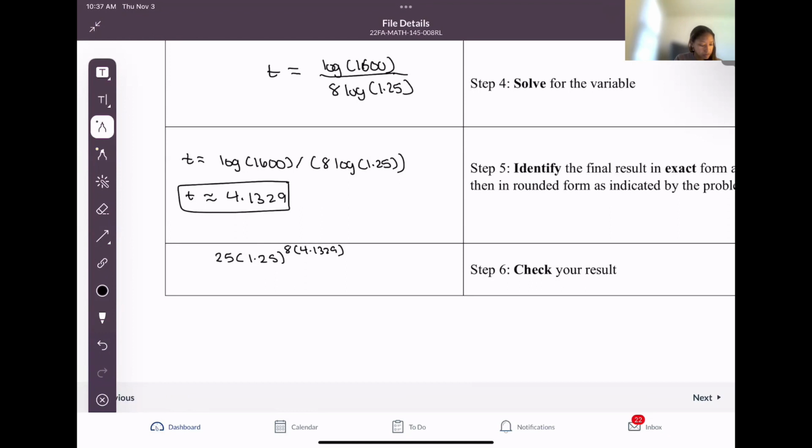All right. This is approximately 40,000. So if you put it in, you get 40,003. Real, real close.